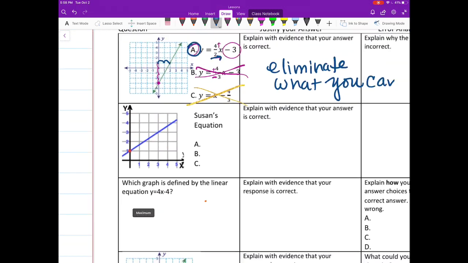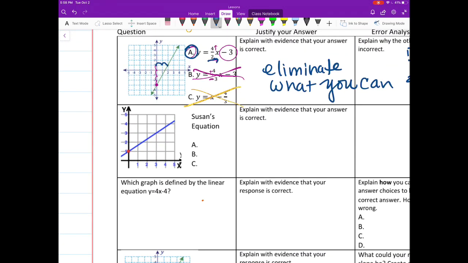Okay, all right. This one right here for Susan's equation, okay? It doesn't matter. I don't care. Nobody cares what Susan did wrong. What you want to look at is the true or false statements. So I believe one of the true and false statements was, Susan wrote an equation all wrong, and then it says the y-intercept is 0.